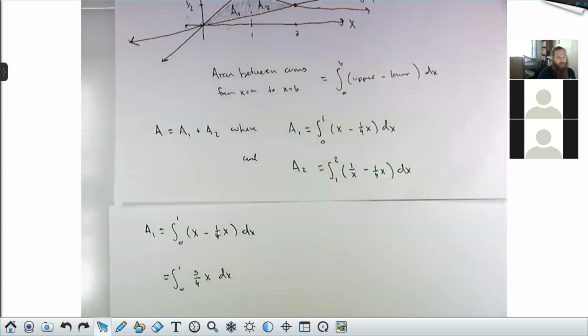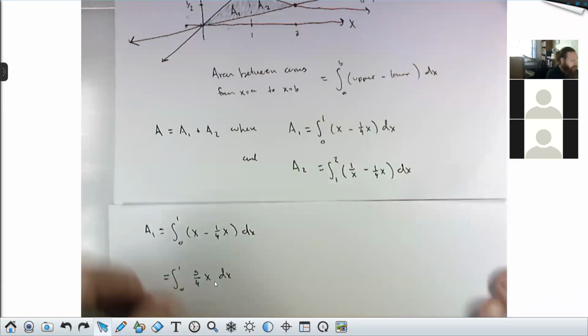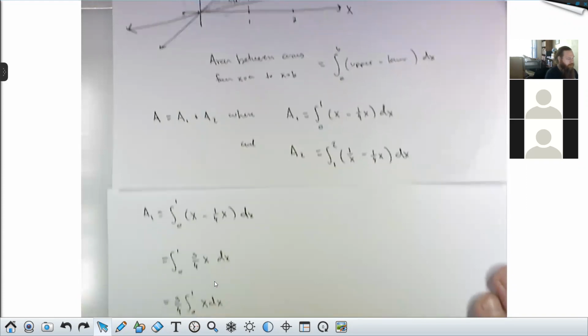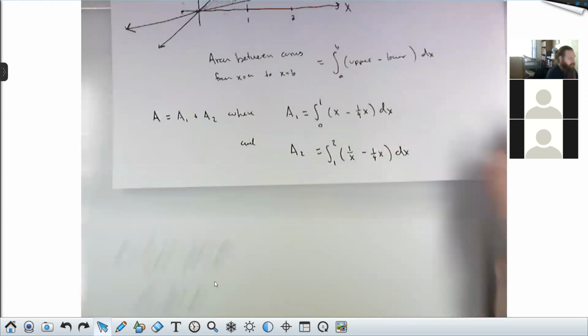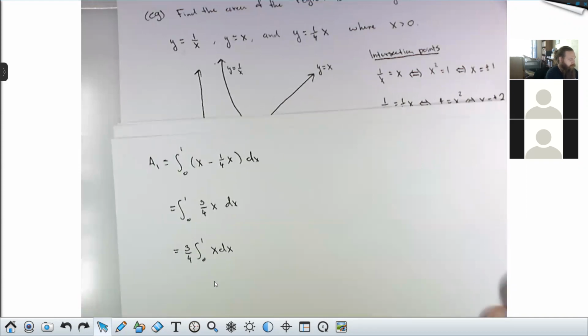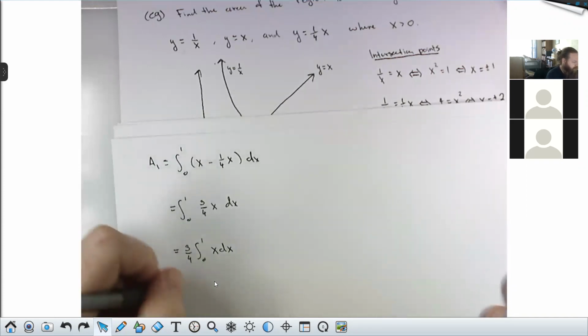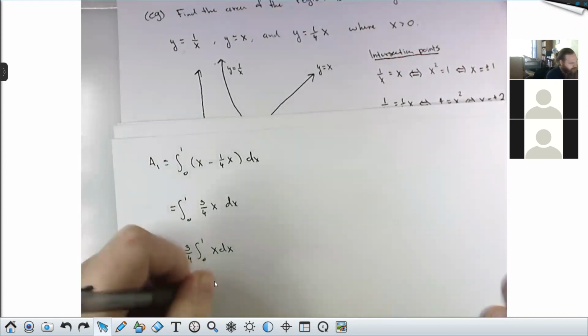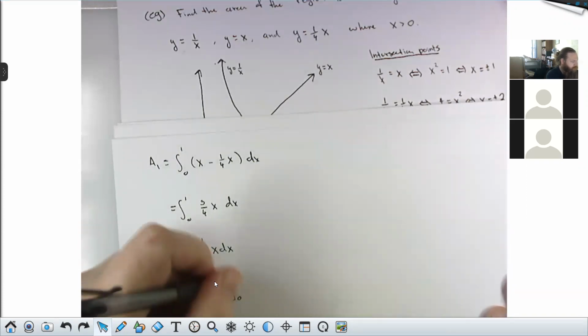Right, if I have $1 and you take away 1/4 of a dollar, I have 3/4 of a dollar. The 3/4 can pop out, and you're just left with the integral from 0 to 1 of x dx. An antiderivative for x is 1/2 x squared, or x squared over 2. This is 3/4 times x squared over 2 from 0 to 1.